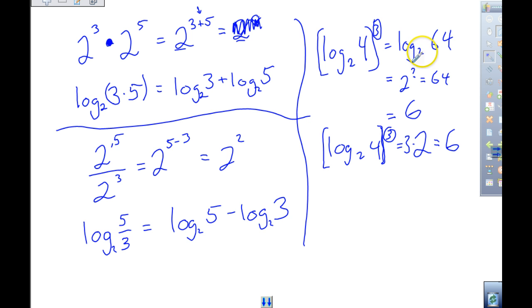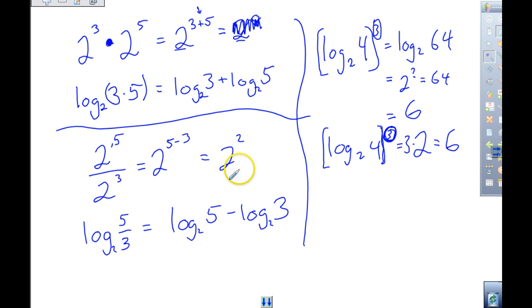You might have had to figure out how many times to multiply 2 to get 64: maybe 5, maybe 6. It took a little more thinking, but with this shorter method, I only had to figure out 2 to what power equals 4, and then multiply it by the remaining exponent, 3. So it's a little bit faster to get the same answer. That's why we like to use it.